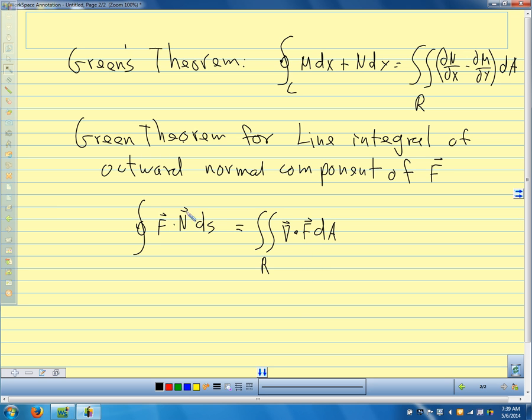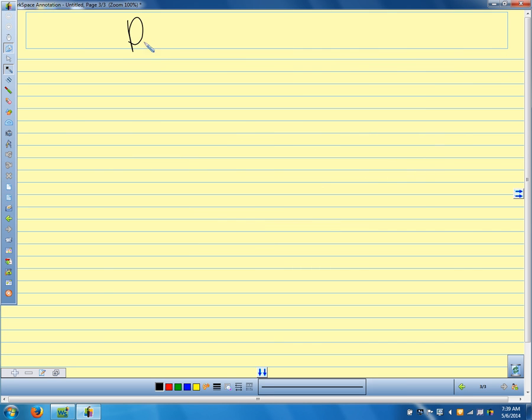So the divergence theorem is telling us essentially what we figured out for Green's theorem in the plane. I want to do this just to motivate the divergence theorem a little bit. All right, so the divergence theorem.